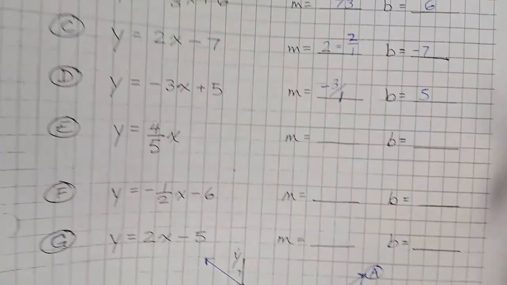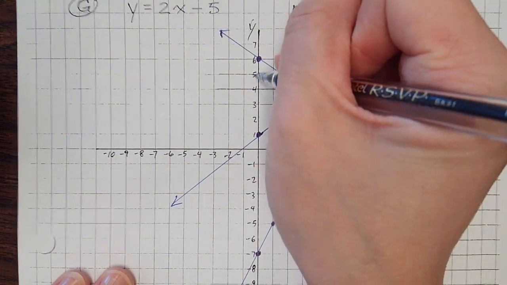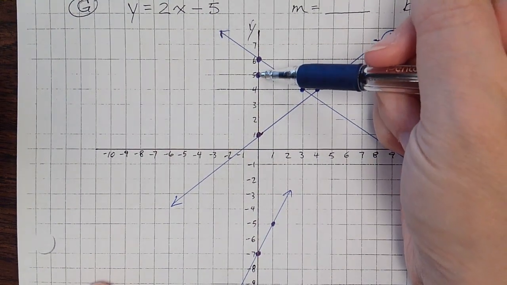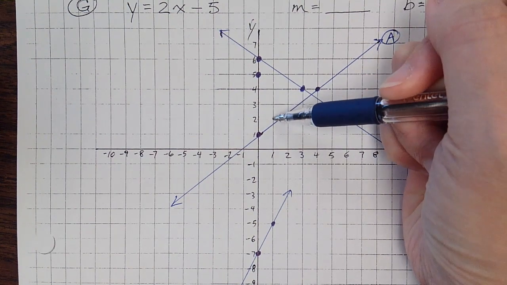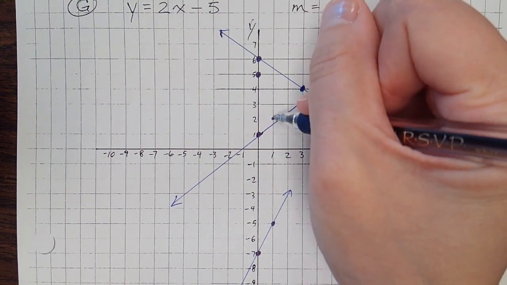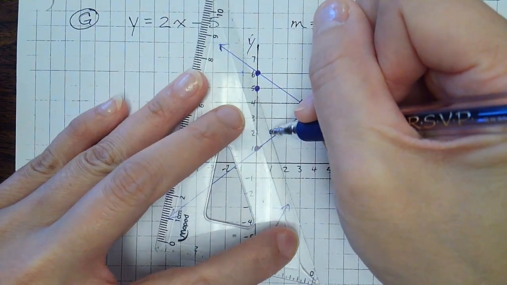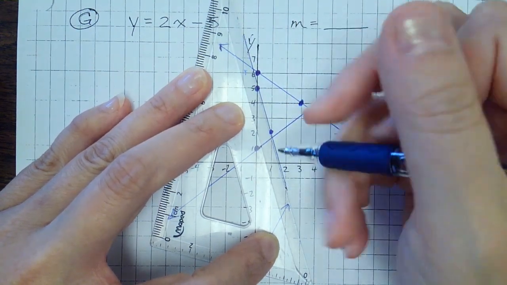So put that 5 there on my y. And from this point, I'm gonna go down 3. 1, 2, 3, and over 1. Okay, and this is D.